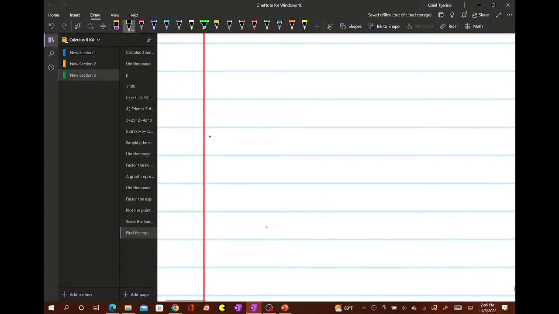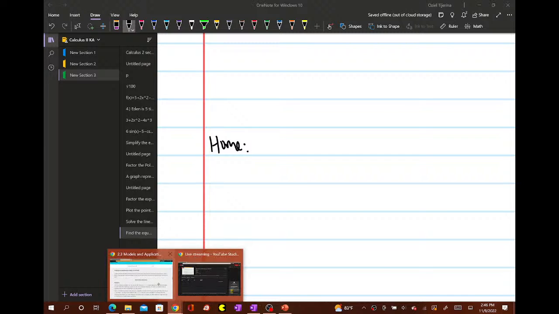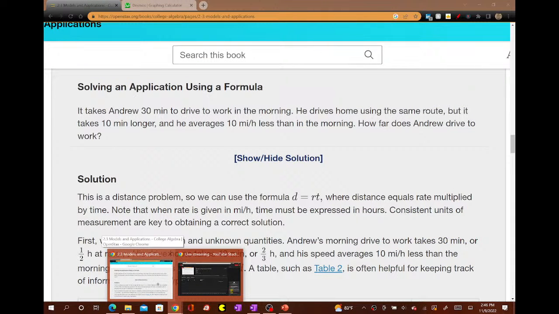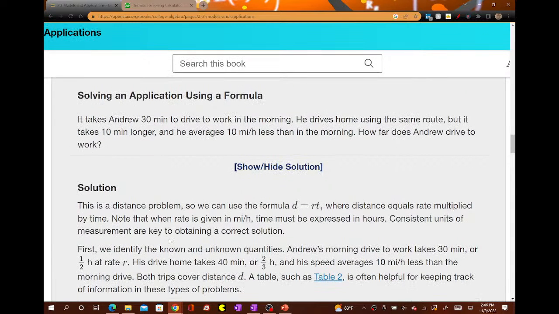So at home, it says it takes 10 minutes longer and he averages 10 miles per hour less than in the morning. So it takes Andrew 30 minutes to drive to work in the morning.